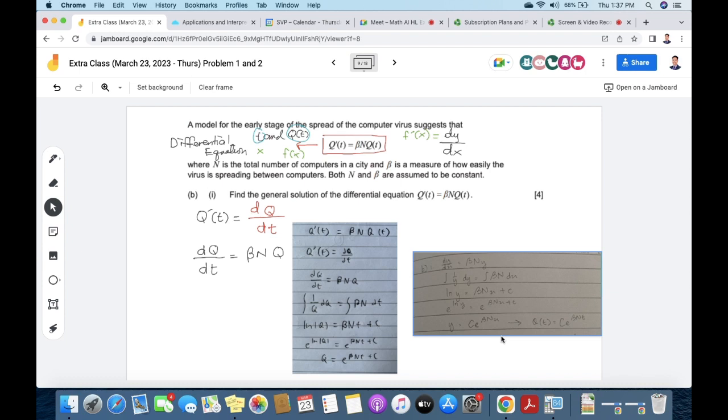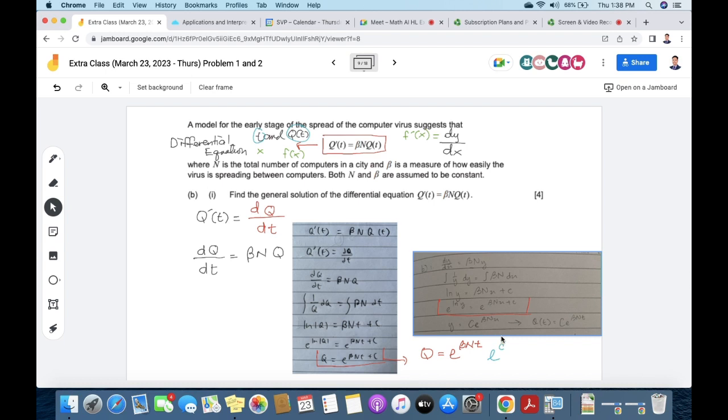This part here is okay. I think Kanya also has the same answer here, which is the same as what Kanya has in her answer. So more or less it's the same. We can actually further separate this as what Kanya did. It's Q equal to e raised to beta n t, and if you use the law of exponent, this is multiplied with e power of c. Right, Joel?